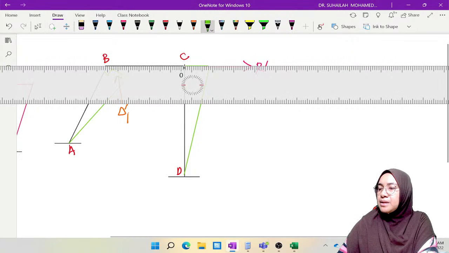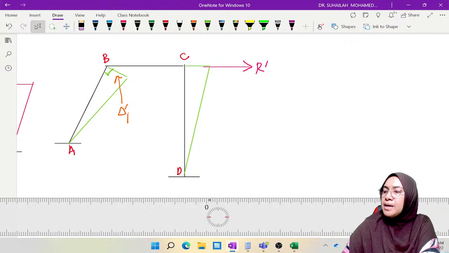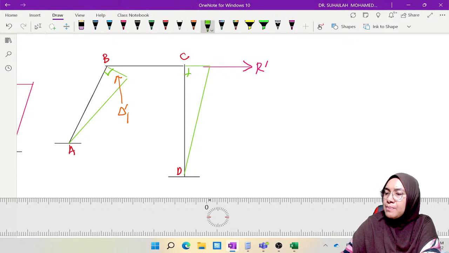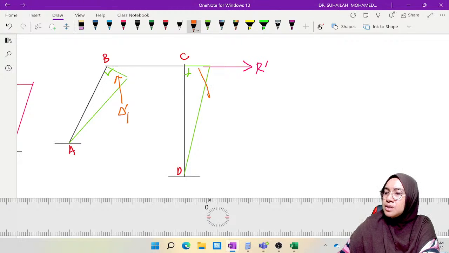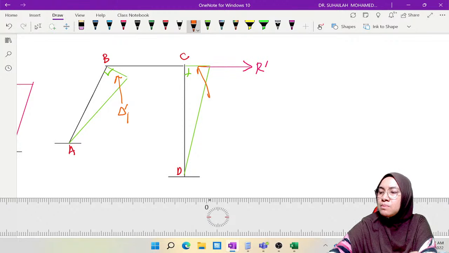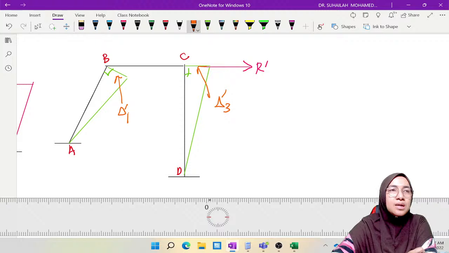Okay, so the perpendicular of member CD is shown here. So the delta which is perpendicular to column CD is called delta 3. Delta 3 prime.